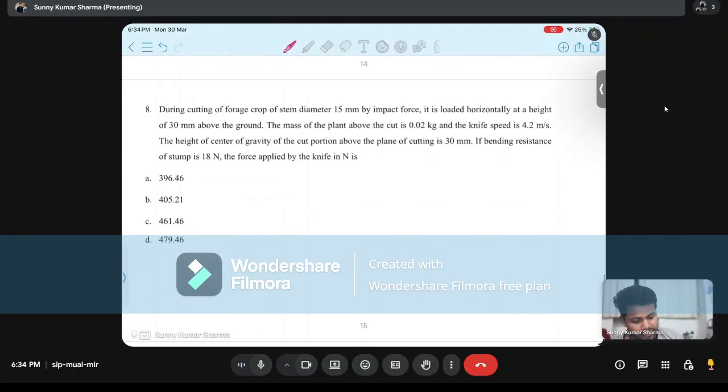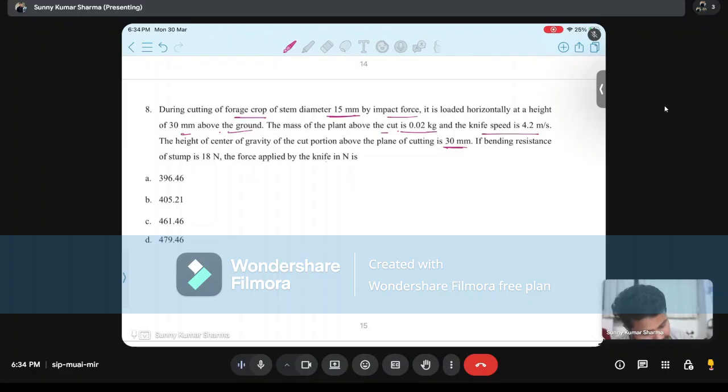The next question: during cutting of a forage crop of stem diameter 15 mm by impact force, it is loaded horizontally at a height of 30 mm over the ground. The mass of the plant above the cut is 0.02 kg and the knife speed is 4.2 meters per second. The height of the center of gravity of the cut portion above the plane of cutting is 30 mm. The bending resistance of the stump is 18 Newton.